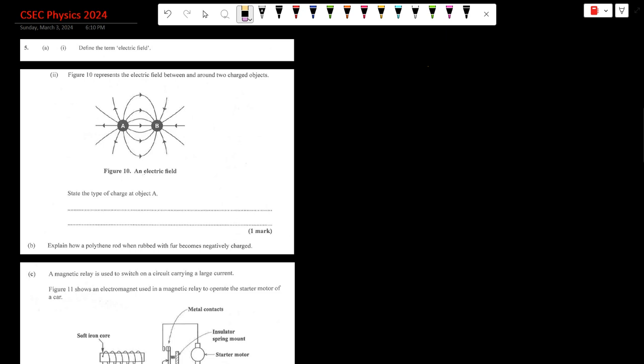So we could probably just say that the galvanometer needle deflects, and in part three, we'd be required to say that the galvanometer needle deflects in the opposite direction to that in part two.